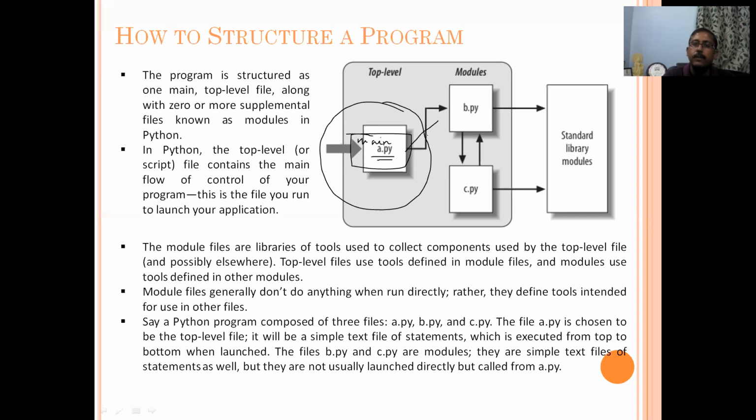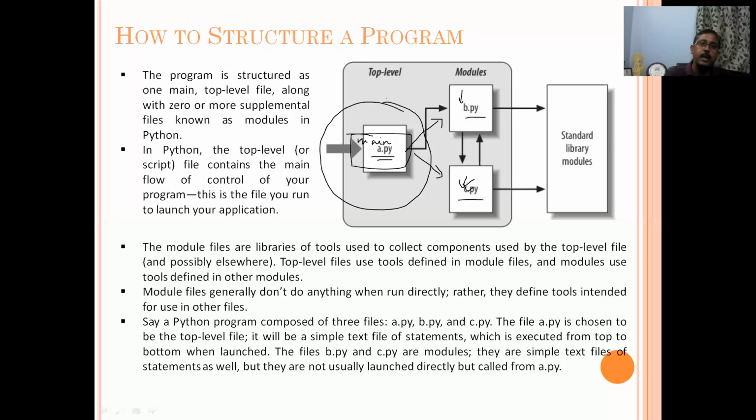From there, different modules are being called, right? Say, for example, you have one module b.py, another module implemented as c.py. The module names will be b and c. If you want a similar kind of thing, you can do it in the form of different .py files. Out of that, the a.py file is the entry point, and all other .py files are the modules, right?